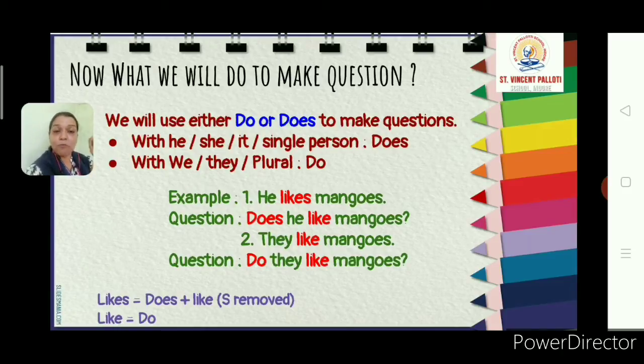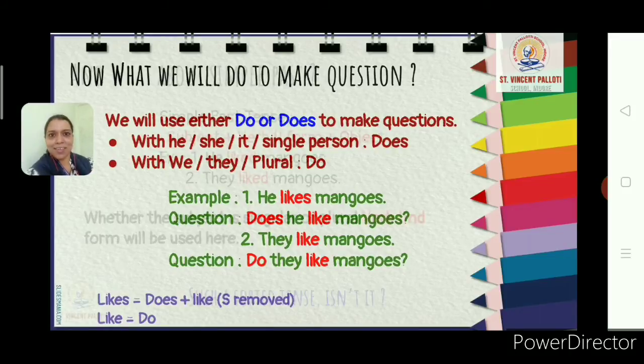Likes was there, but when we make a question, we have put does, and he like mangoes. That likes has become like. We have removed s whenever we are making an interrogative. Okay, understood? So he likes mangoes will convert into does he like mangoes. They like mangoes, there is no s or es, so we don't need to take care of that. So do they like mangoes?